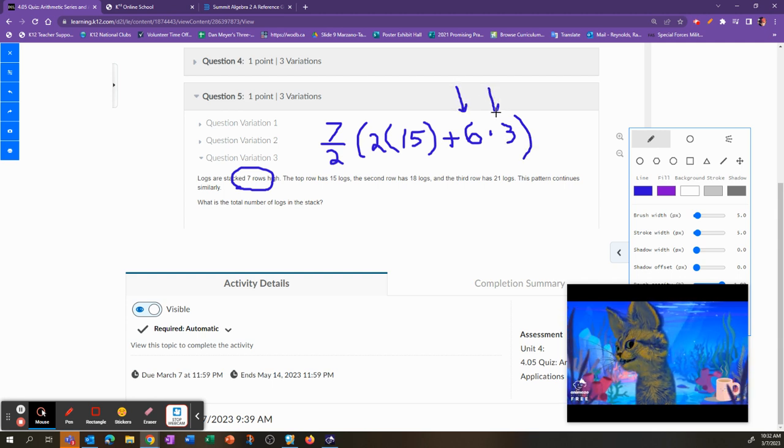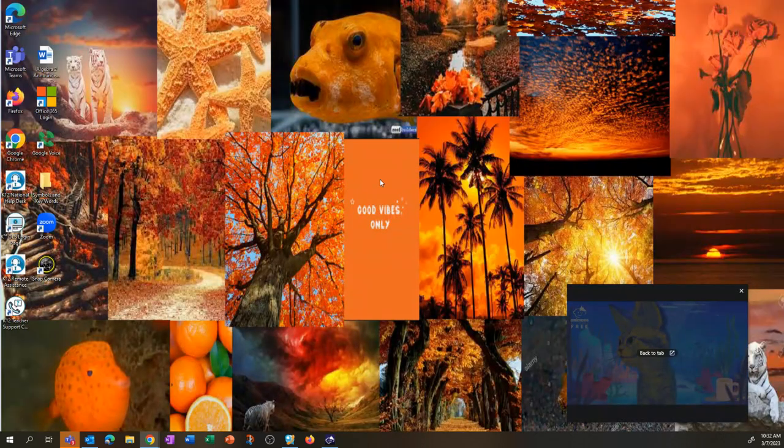This is the n minus 1, this is the d, this is the a sub 1, this is the n in the formula. Have the formula written down. So let's check our work. Plus 18, 168 logs in our beautiful pile.